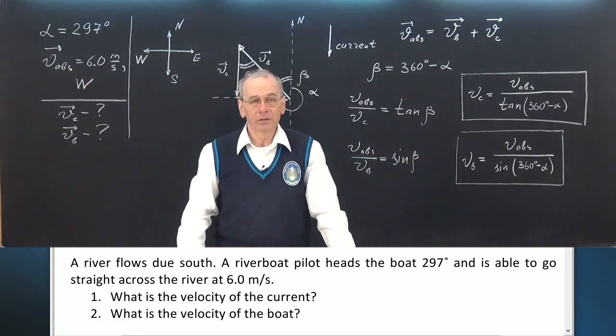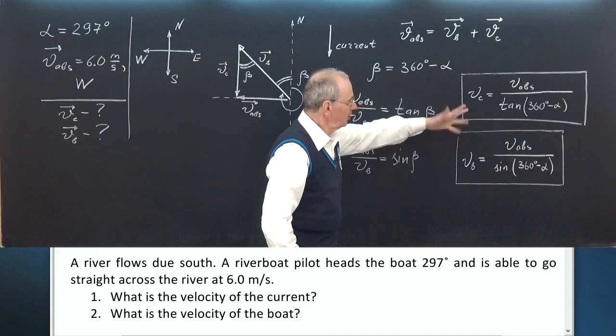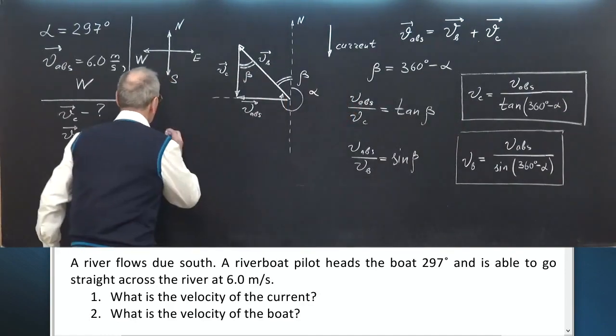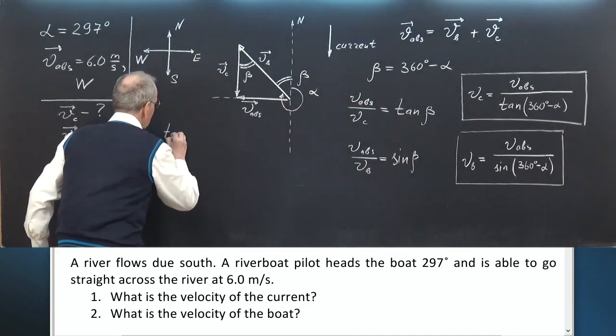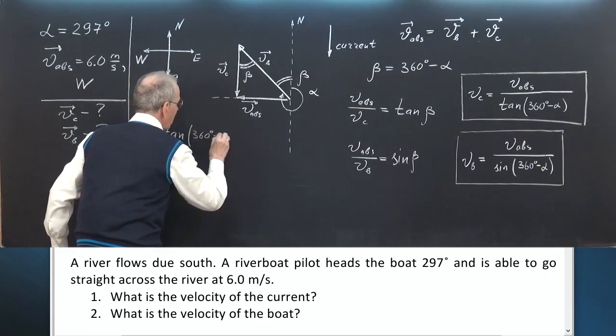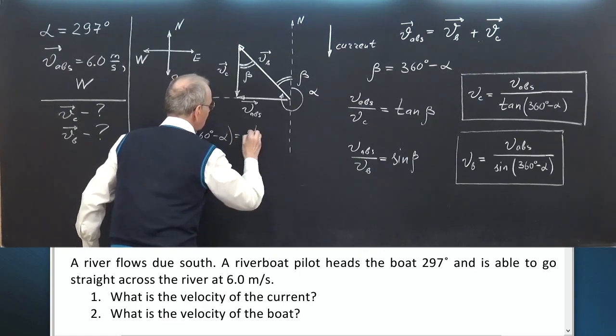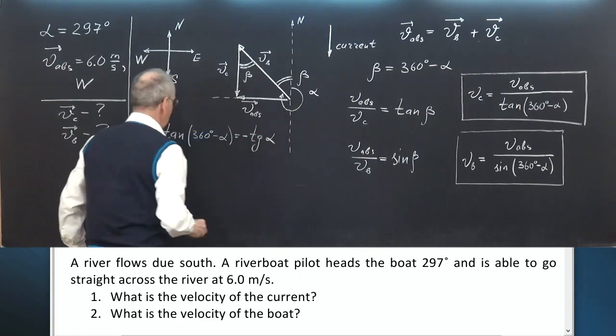By the way, if you know reduction formulas, you can write the same in other way. For example, tangent of 360 degrees minus alpha equals minus tangent alpha.